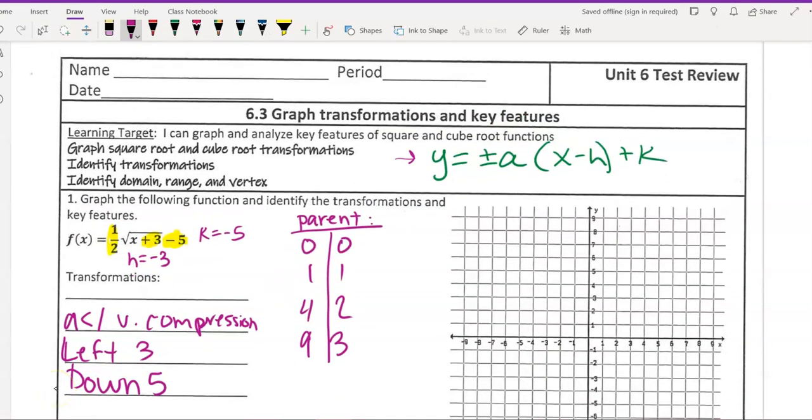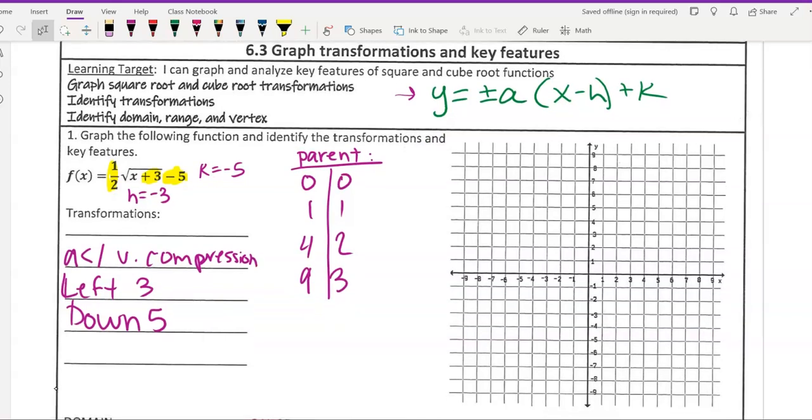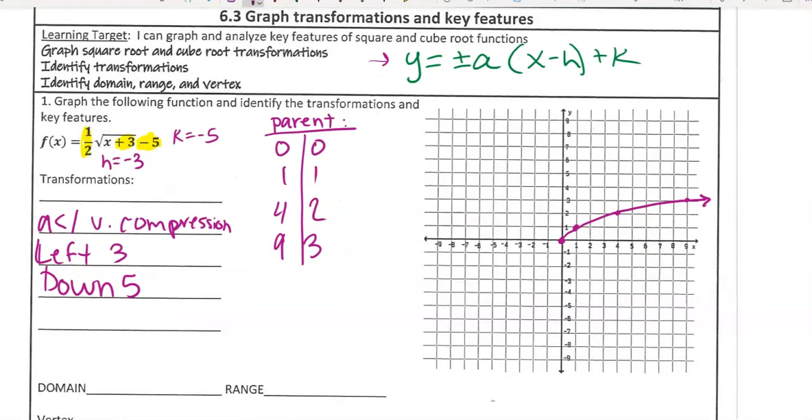So once you get your transformations, we can plot the parent function 0, 0, 1, 1, 4, 2, and 9, 3. This is the parent. Now for our graph of the vertical compression, we can do this two ways. The first way is to use a highlighter to graph the changes in a.